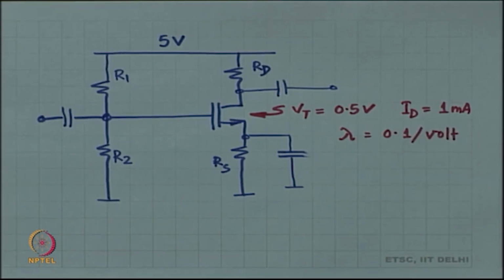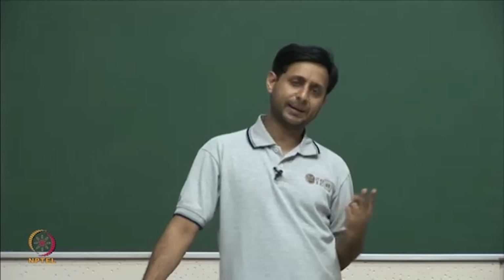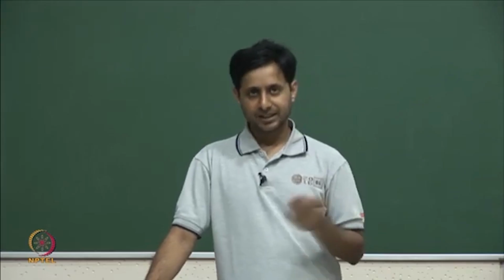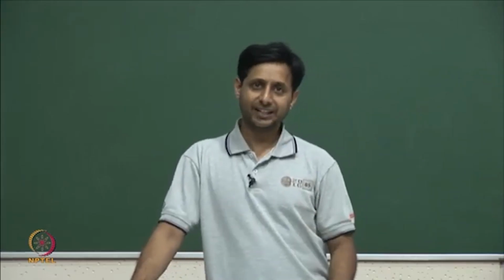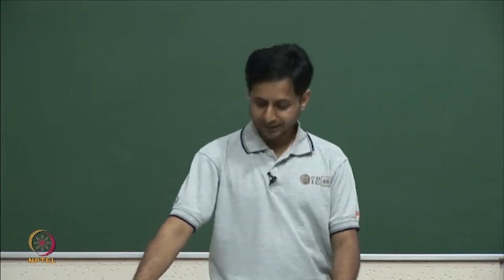Do you know what lambda is? Did we discuss lambda? No? Okay, we will discuss it just now. The MOSFET has two basic parameters, one is GM and the other is GDS or RDS, right.